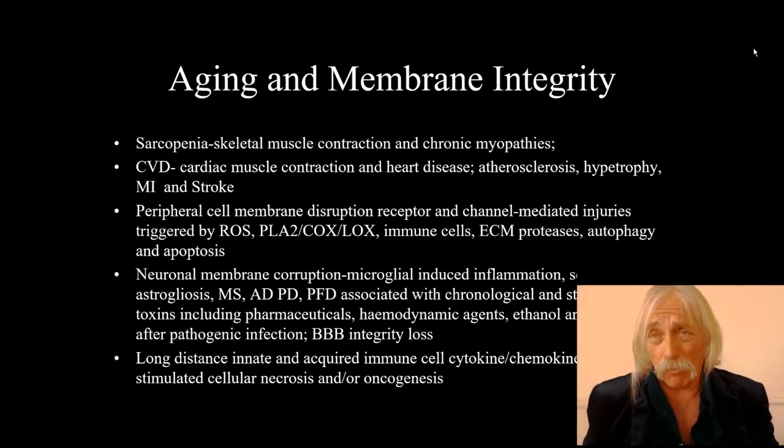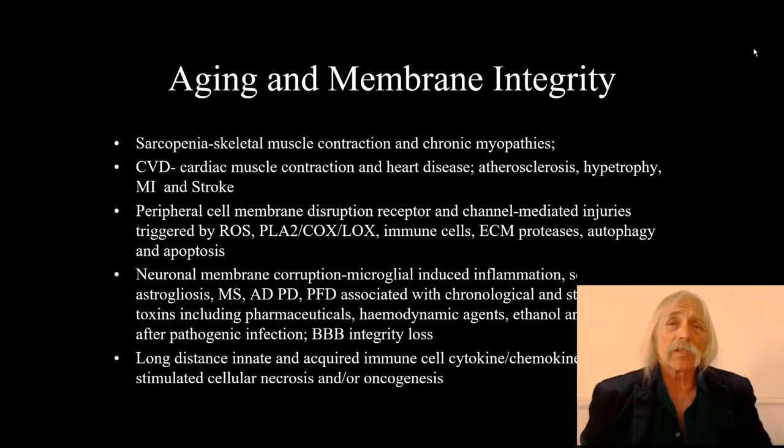And then, of course, you can also get necroptosis and ferroptosis, right? We talked about the immune sequelae associated with those unusual programmed cell deaths. The neuronal membrane corruption is usually or often, when it's in the central nervous system, linked to microglial-induced inflammatory responses.